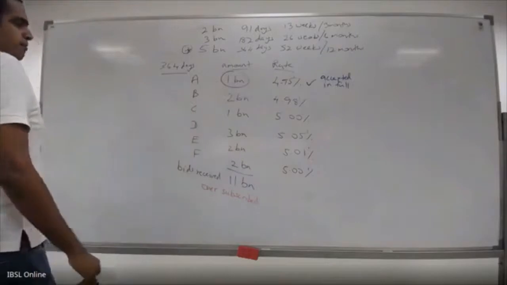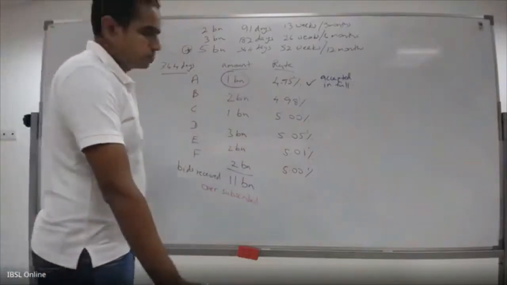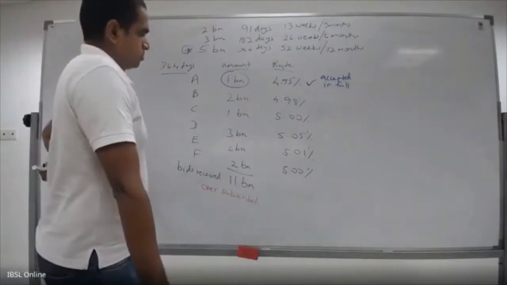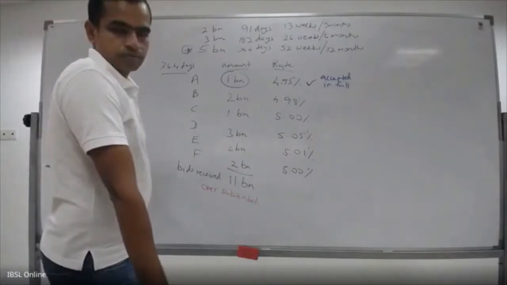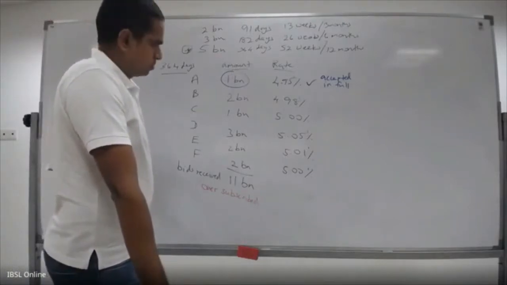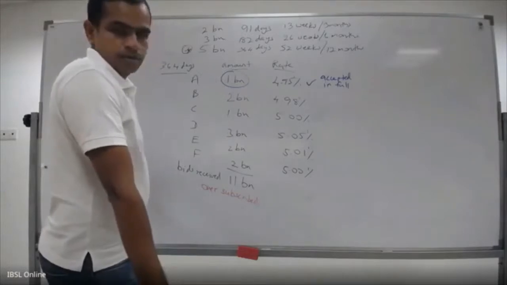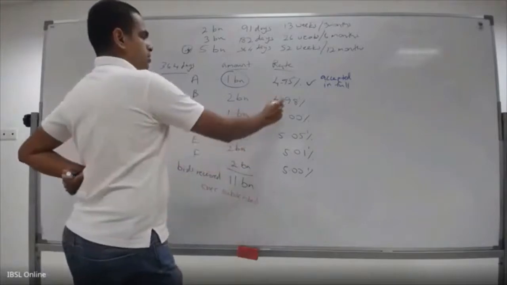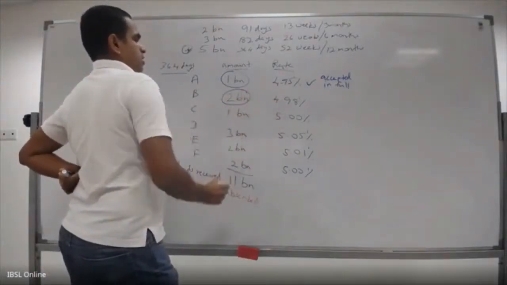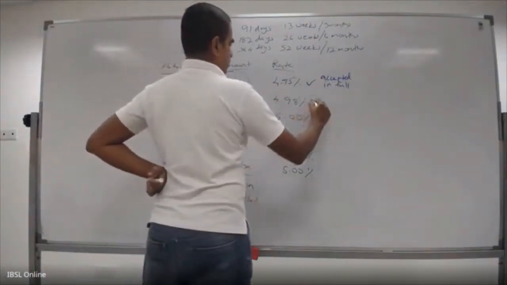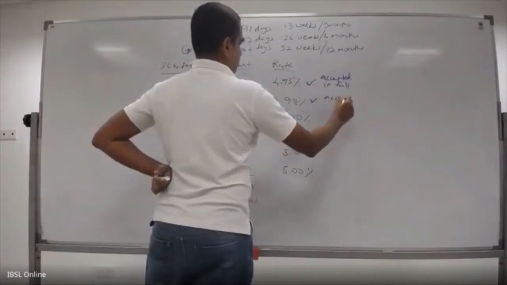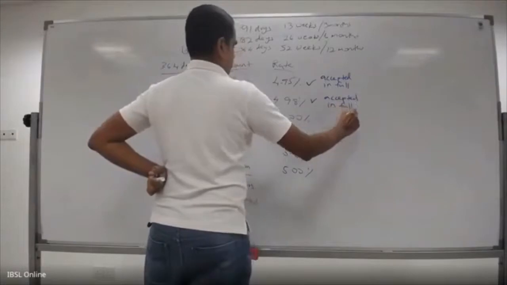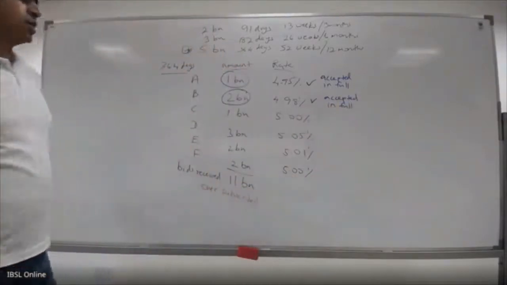And then, yeah, the second lowest is 4.98. So 2 billion accepted in full. What comes next?